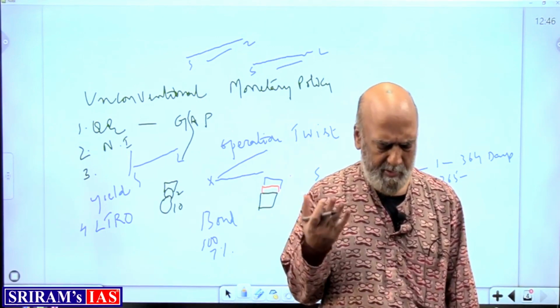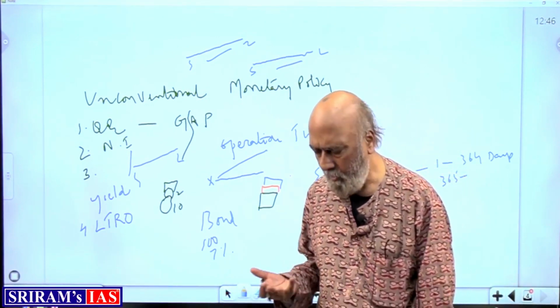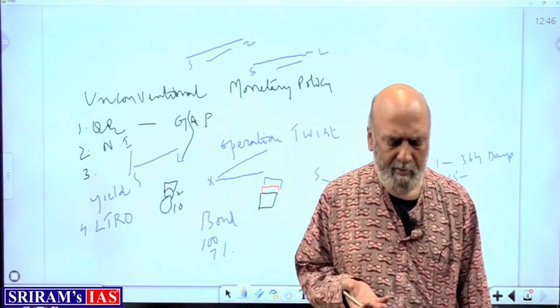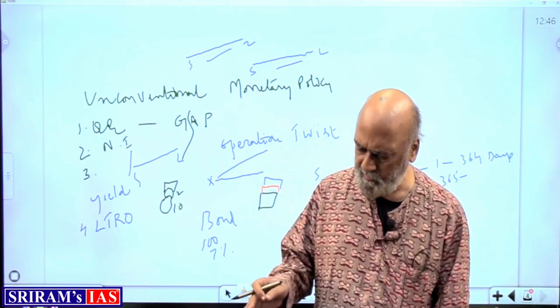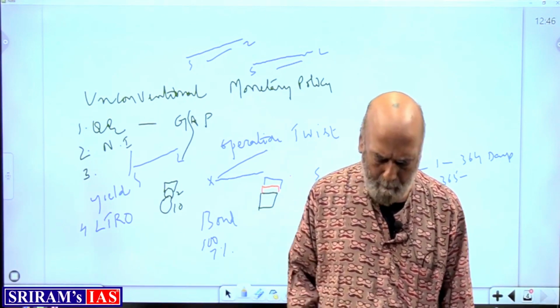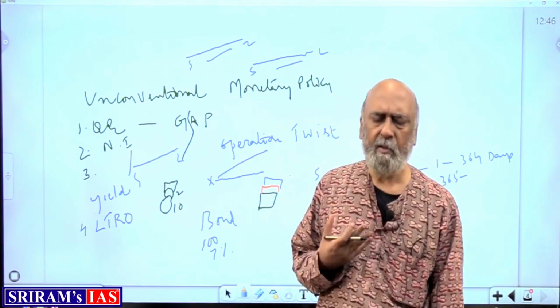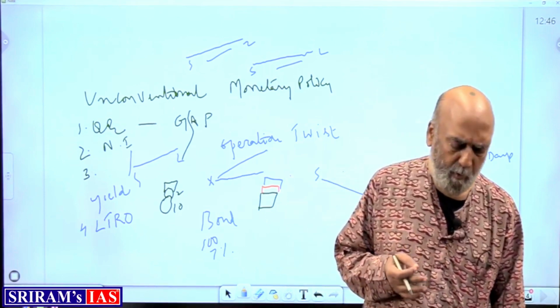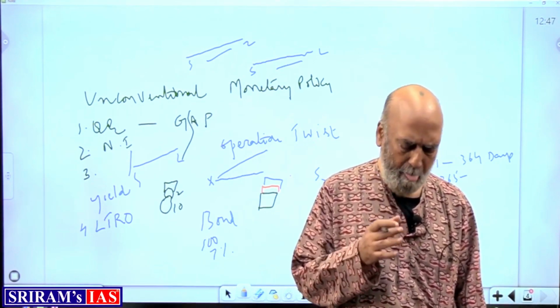It may broadly say something, but generally doesn't reveal anything. Why? After all, the monetary policy is about money. If I say my policy stance is this, I'm going to up the rate or down the rate, lakhs of crores of rupees of speculation will take place based on that. Therefore, the topmost secrecy is the norm for monetary policy.